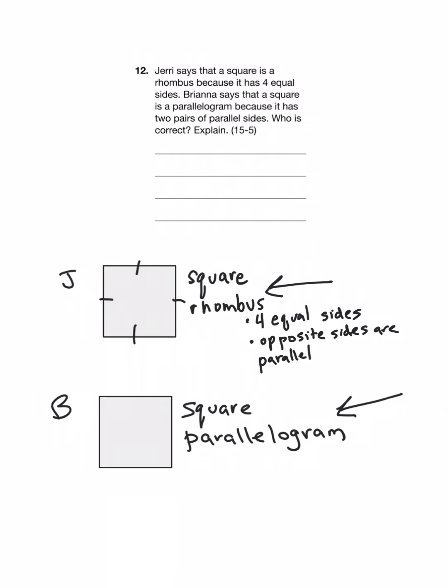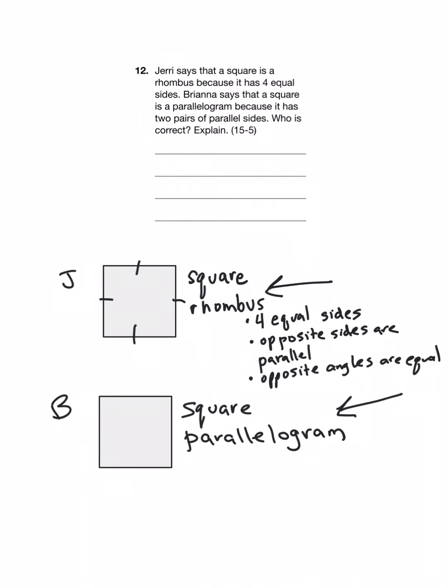And opposite angles are equal to one another. Okay, so by that definition, I'm thinking that this square is a rhombus. I think it does meet the definition of being both a square and a rhombus.